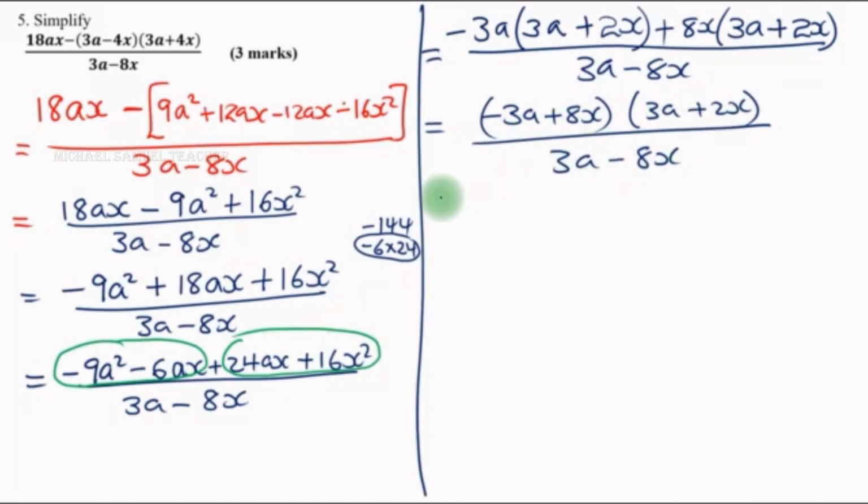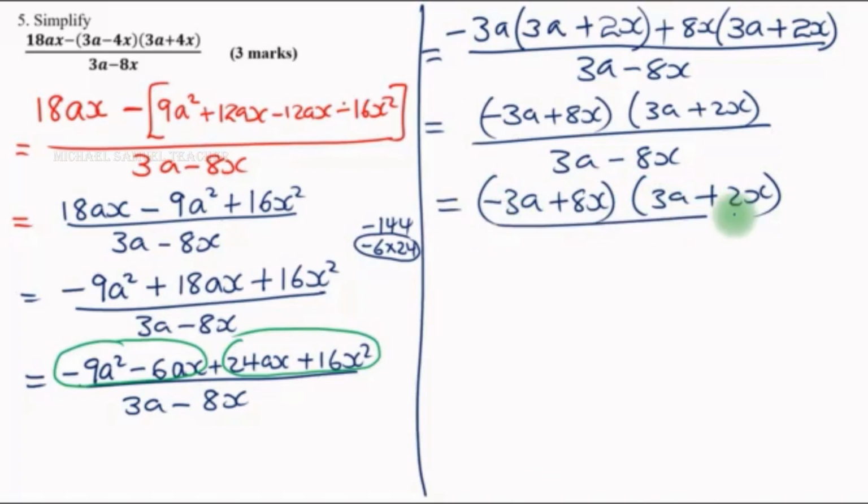So from here, let us reconsider the denominator part, such that we can be able to rewrite it. Actually we want it to be similar to the numerator part, because we have 3a and minus 8x. Here we have minus 3a plus 8x.